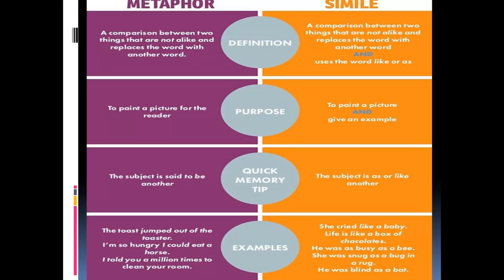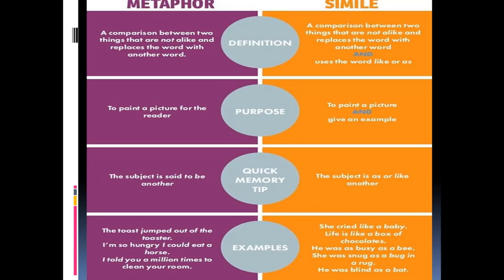What is the definition? What is the purpose? The quick memory tip and the examples. So again, just for the last time, we are rewinding it. A metaphor is a comparison between two things that are not alike, and replaces the word with another word.